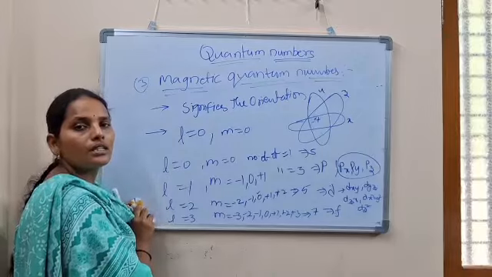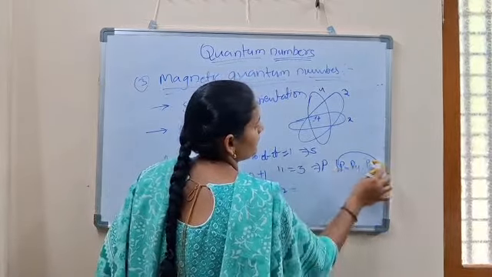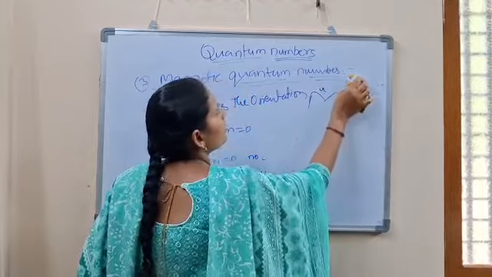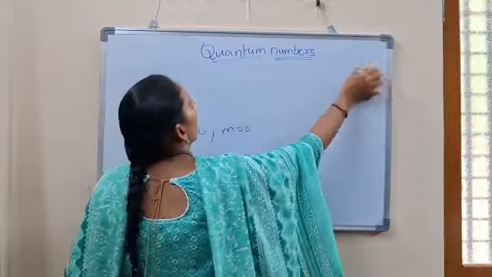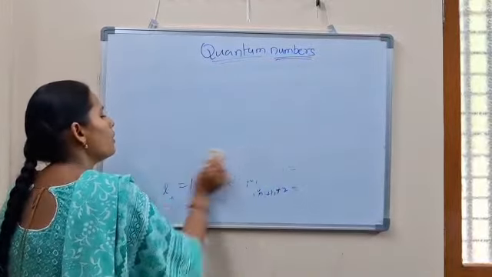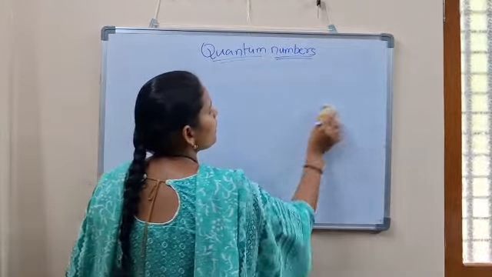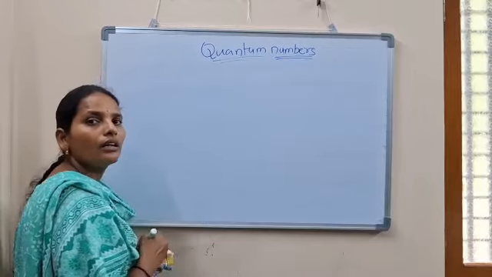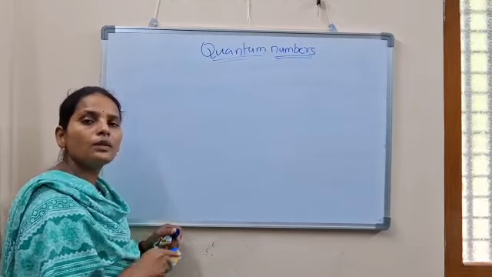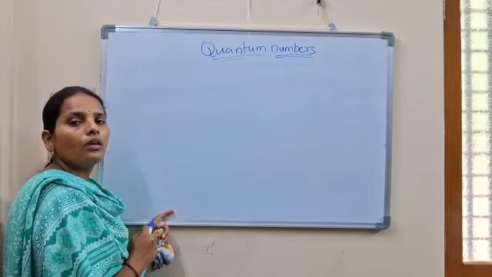Next quantum number is spin quantum number. Our fourth quantum number is spin quantum number. Up to here, principal quantum number. Up to here, azimuthal quantum number depends on the principal quantum number.